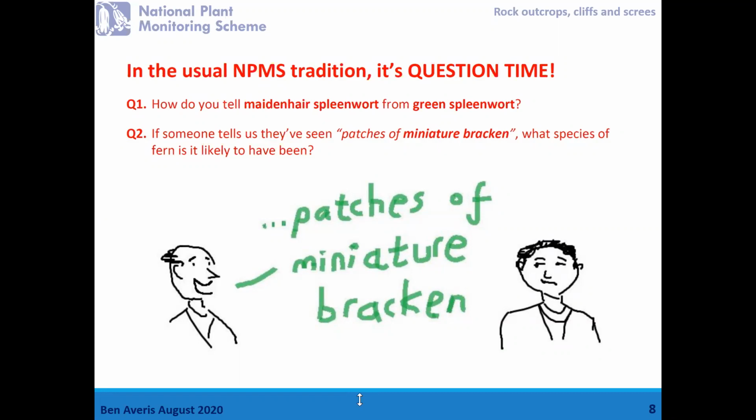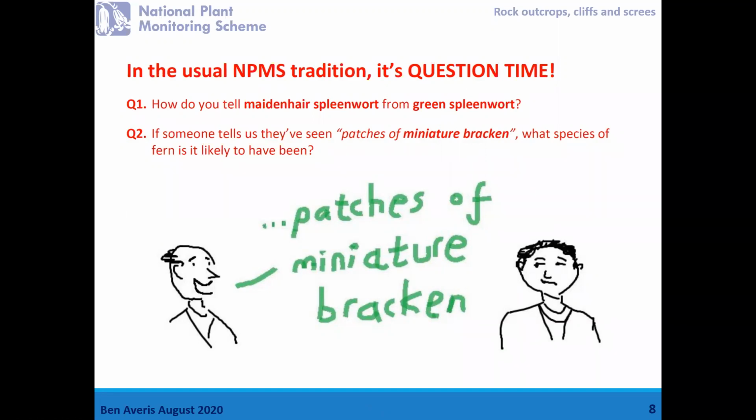Yep, the dark stem is the thing for the maidenhair spleenworts. It stands out so much from the paler green of the pinnae. And the thing that looks like the miniature bracken among all the species we've seen is the oak fern, which of course doesn't actually look like bracken. When you see bracken, that's quite different.